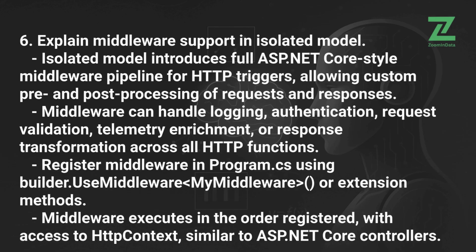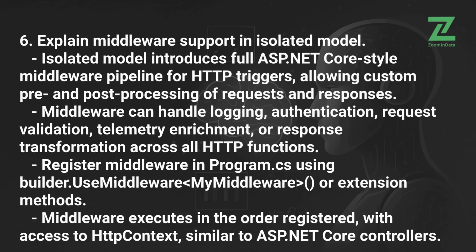6. Explain middleware support in isolated model. Isolated model introduces full ASP.NET Core-style middleware pipeline for HTTP triggers, allowing custom pre- and post-processing of requests and responses. Middleware can handle logging, authentication, request validation, telemetry enrichment, or response transformation across all HTTP functions.